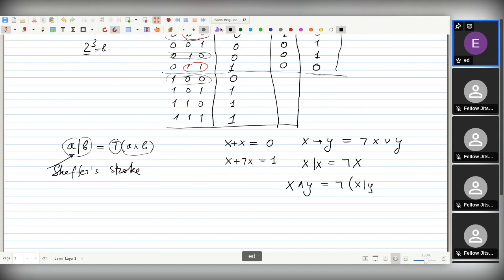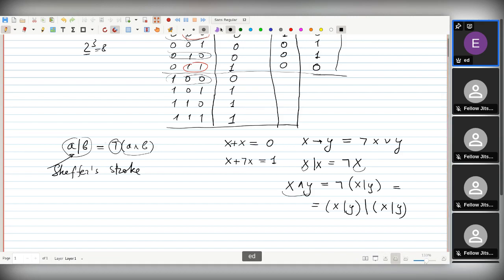Conjunction is just not Schaeffer's stroke. But easily for every X, not X is just X stroke X. So you can substitute X stroke Y to this expression for X. So X and Y is just X stroke Y stroke X stroke Y.